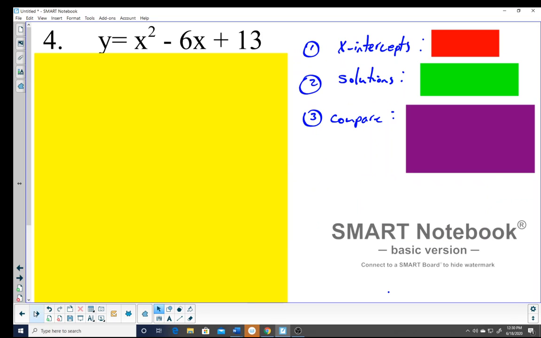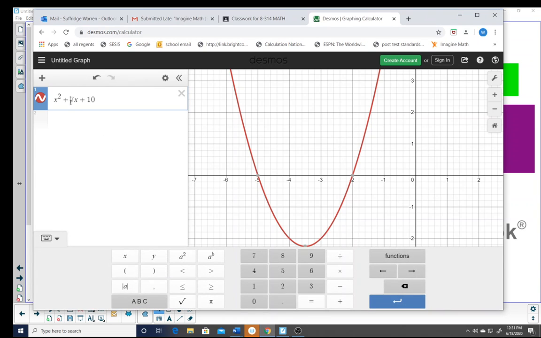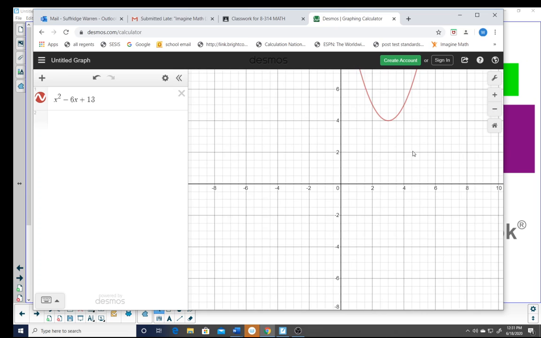And then on 4, x-intercepts, solve it. Let's graph it. x squared minus 6x plus 13. And then find our graph.